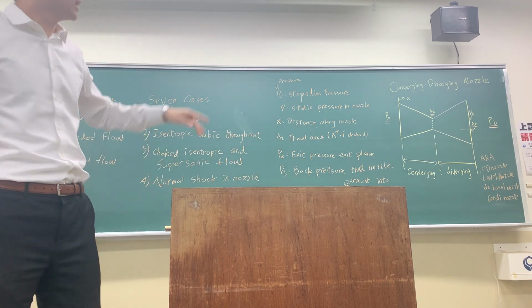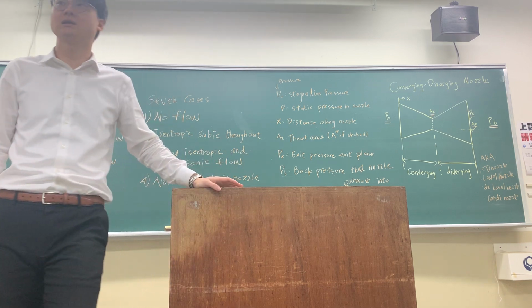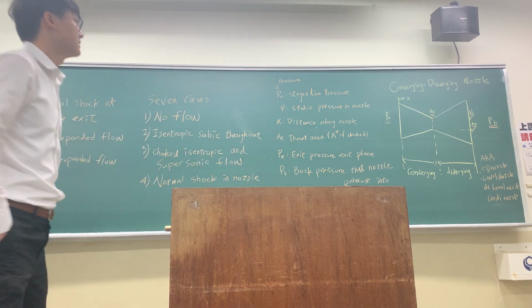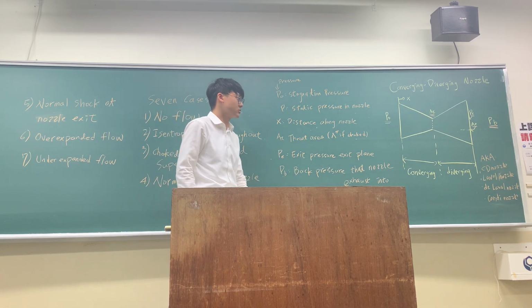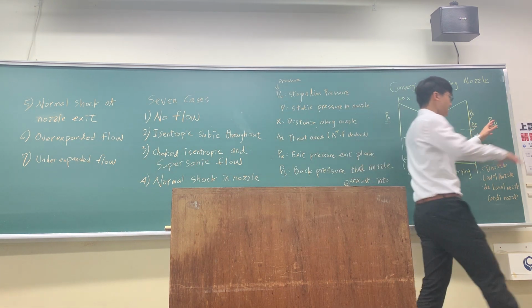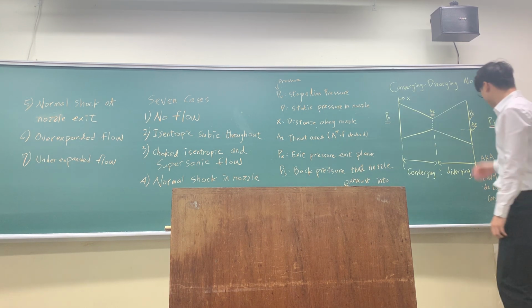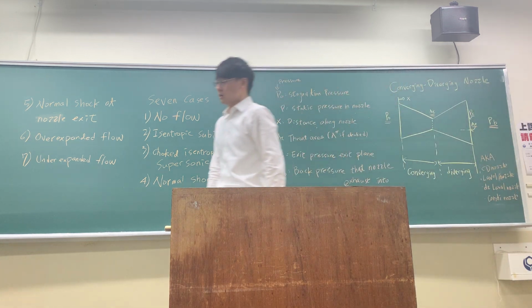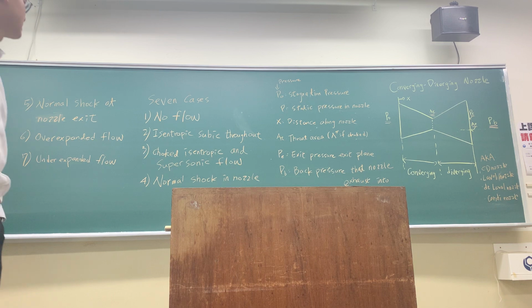And then you have P sub E and A sub E, the exit pressure and exit area. E means the exit plane. And then the back pressure, which you can think about as a reservoir, and then this is the area. So there are 7 cases.